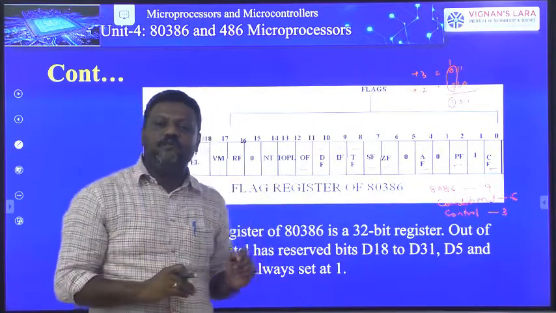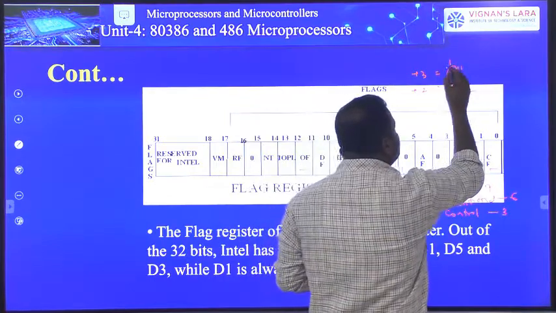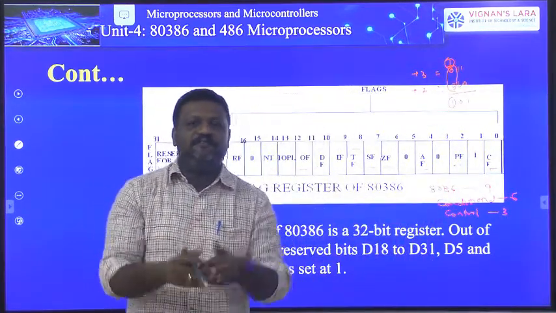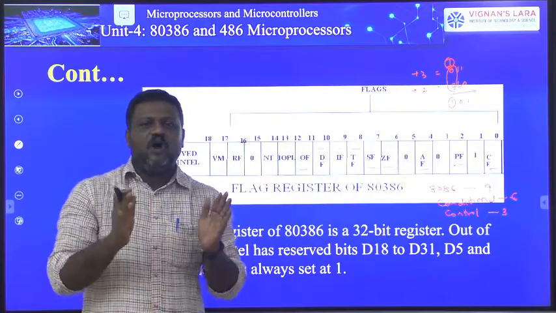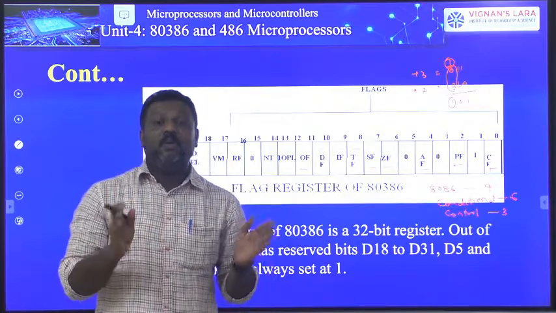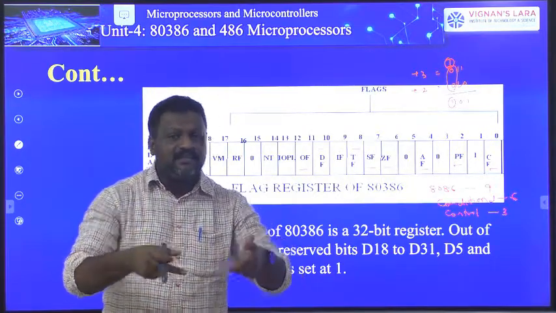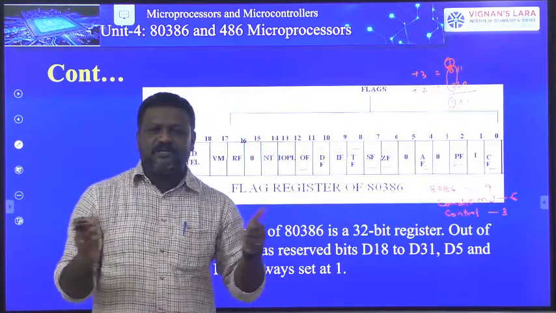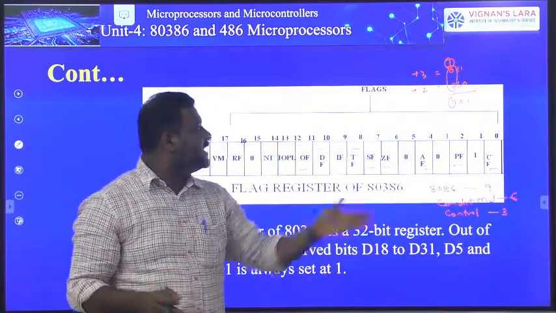Why are we getting this overflow? We get overflow because a magnitude bit, this 1, enters into the sign field. I can clarify this, guys. This overflow flag is set to 1 once the produced result size is greater than the destination size. I repeat, if the produced result size is greater than the destination size, then you may get overflow.